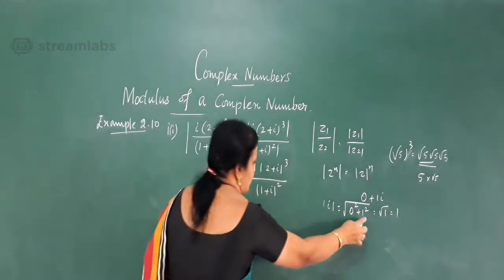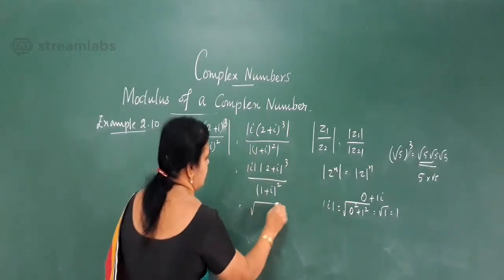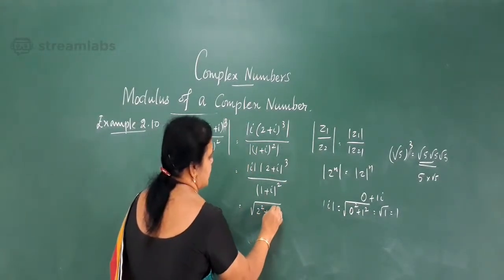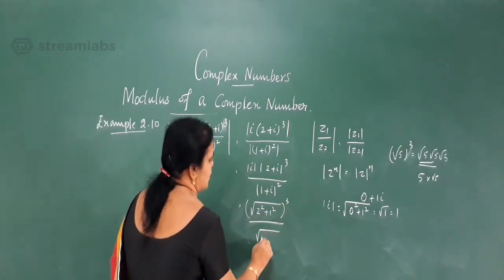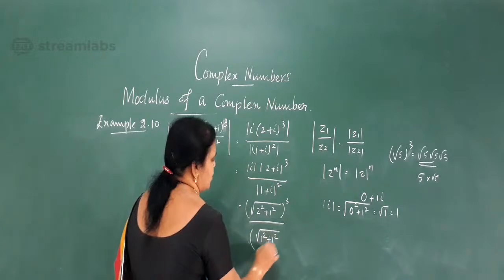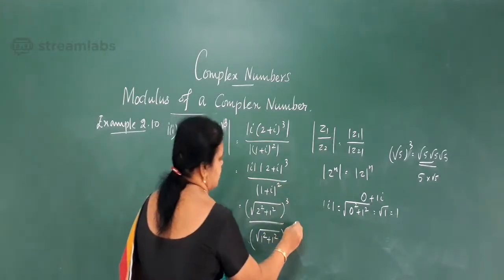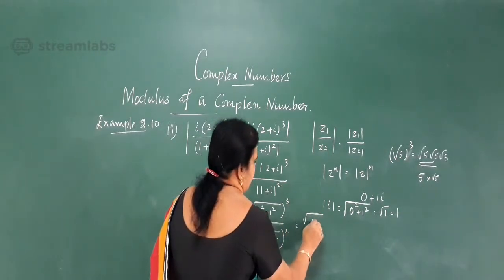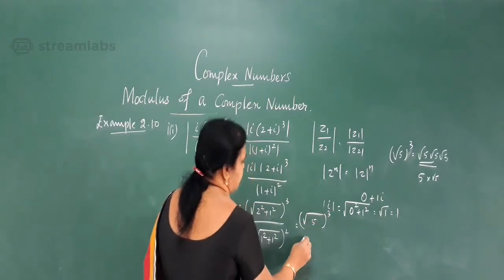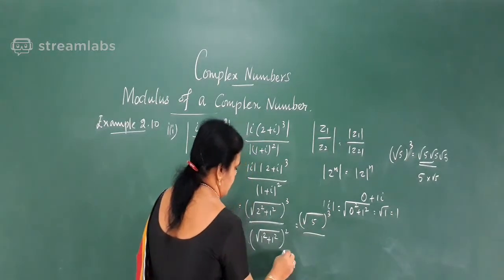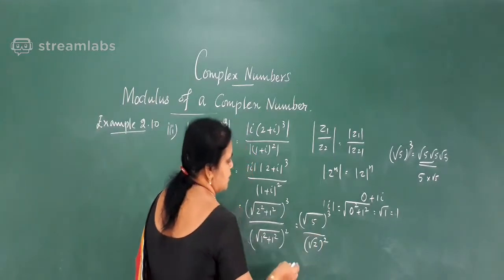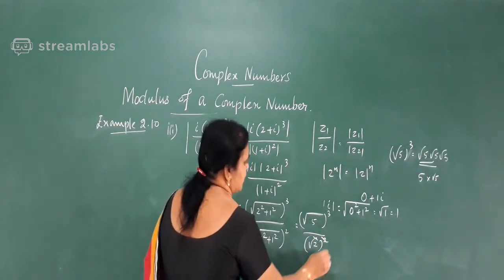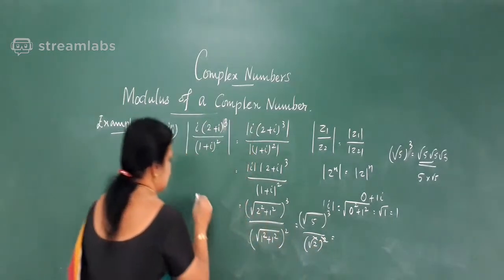The value of this is 1. Here root of 2 square plus 1 square whole cube by root of 1 square plus 1 square whole square. Here they have given the powers, 5 power, root 5 cube. Here root 2 square. This 2 and this root will be cancelled, isn't it? How will it be cancelled?